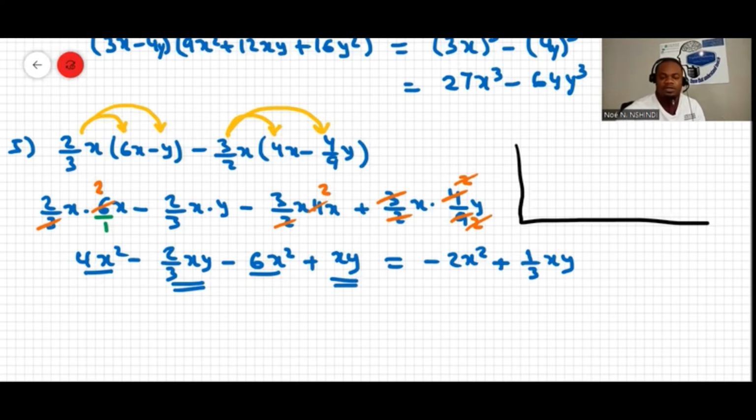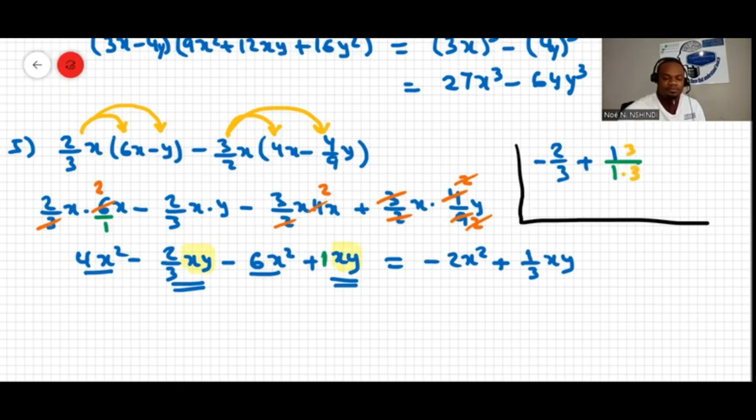You can do 2 over 3, cover the xy, because here the coefficient is just 1. So cover the xy, so you have negative 2 over 3 plus 1. Now, to work this out, you must make 1 like 1 over 1, so you need to make the denominator common. So we multiply here by 3, we multiply there also by 3.